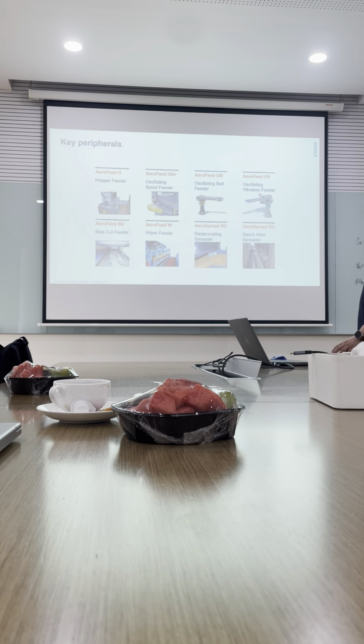These are the key peripherals of the dryer. First is the hub feeder. It is widely used in the seed dryer and the nut dryer. The second is the foot feeder. It is widely used in our upper feeder and the spare foot dryer.